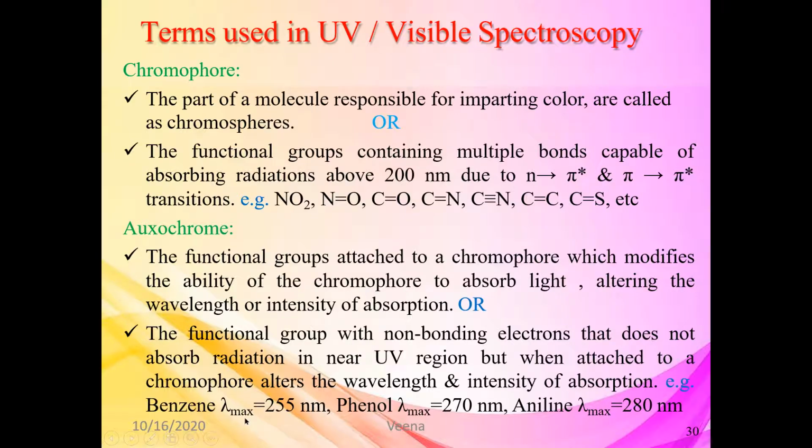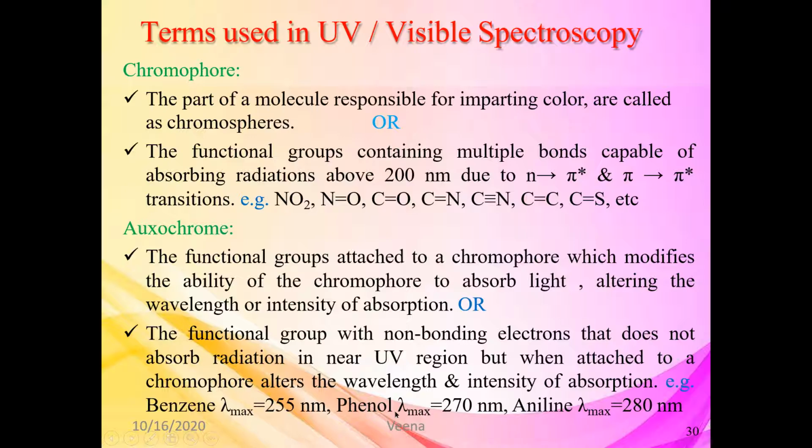To give you an example, benzene has lambda max value at 255 nanometer. Then look at this compound phenol, where an OH group is attached to the benzene molecule by replacing one hydrogen. For this molecule, the lambda max is 270 nanometer. Then in case of aniline, which has an NH2 group attached to benzene, the lambda max is 280 nanometer.